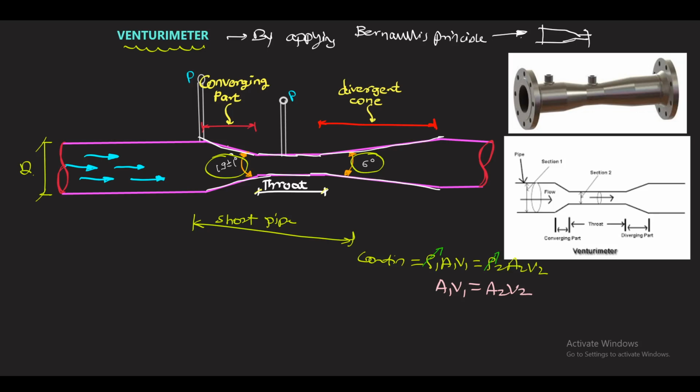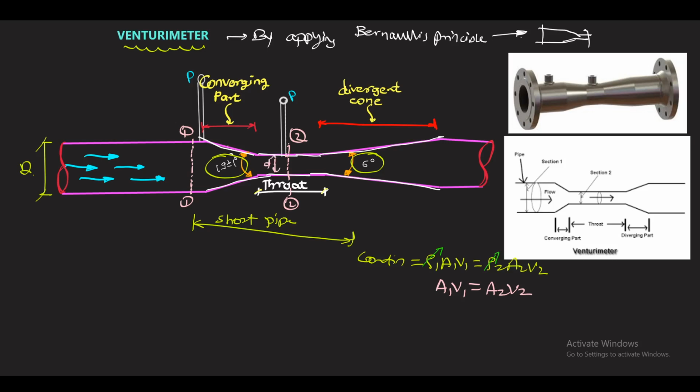So if I consider two sections, the first one is right at the start of the converging part, this is section 1-1, and the second section I am assuming at the throat. I can clearly observe that the diameter here is capital D, and the diameter here is small d.